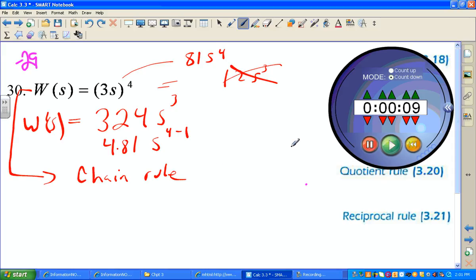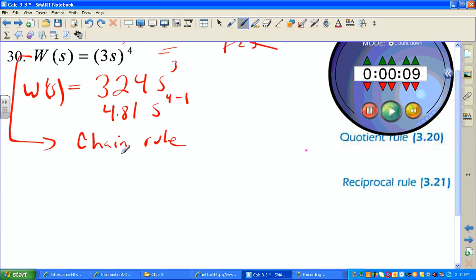I'm going to write it: f, g. It works with something inside the parentheses that you can't use the power rule for. For instance, in this case, you can't take the 4 out in front, multiply it by the 3, and subtract 1, because it's written with parentheses.